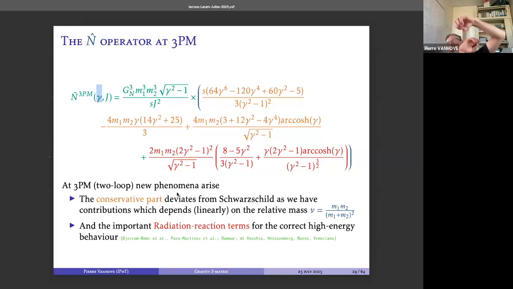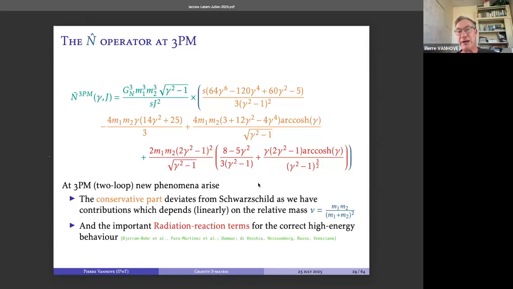There is this propagation of the graviton that hits you back, and this is related to what people call radiation reaction terms, which are infrared effects because these gravitons propagate to long distances.